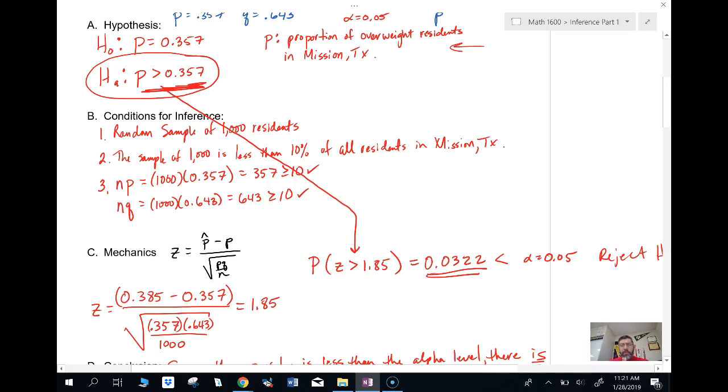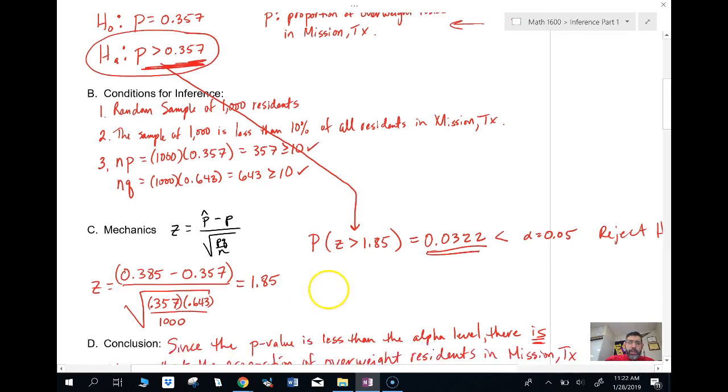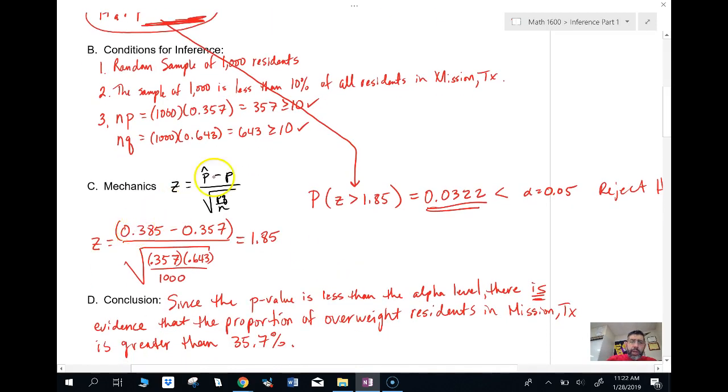Here's what's happening. We're assuming that the null hypothesis is true throughout our hypothesis test. So this z-score, we're really finding the probability, if I did this normal model here, that z is greater than 1.85.